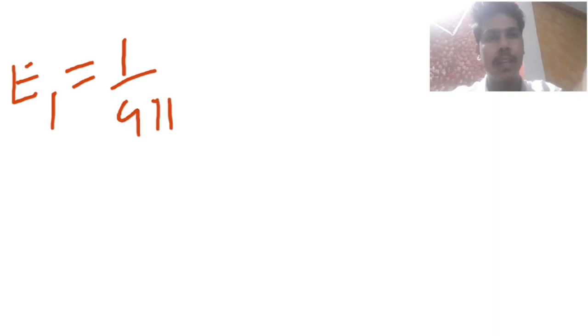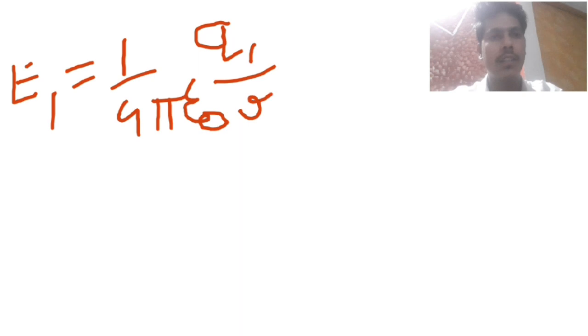E1 is equal to 1 upon 4 pi epsilon naught q1 upon r1 square, where the distance of q1 from point P is r1.